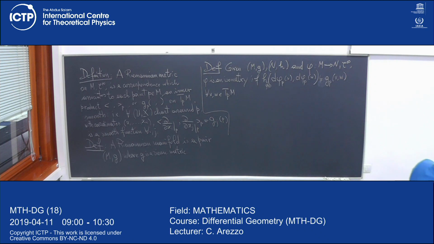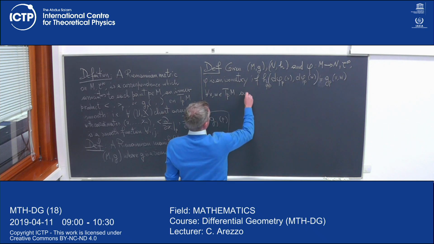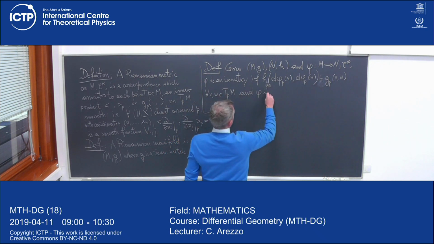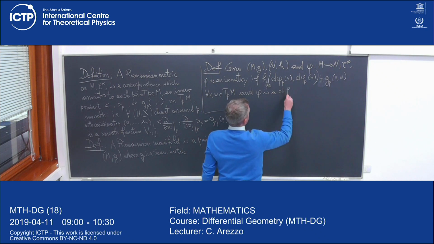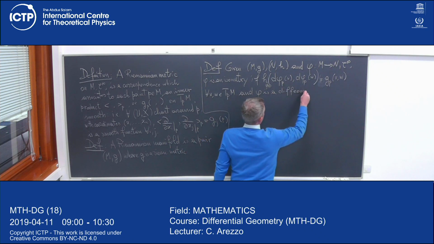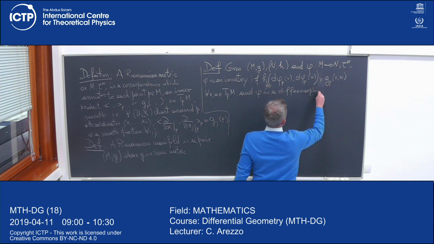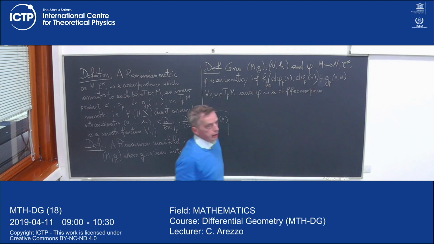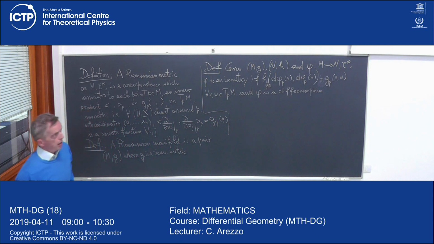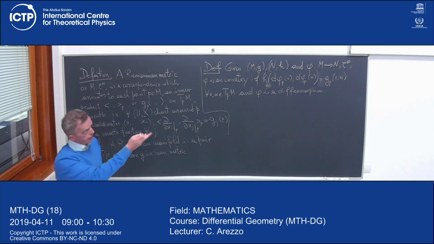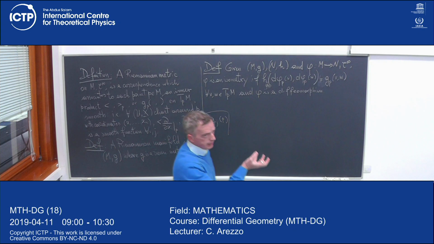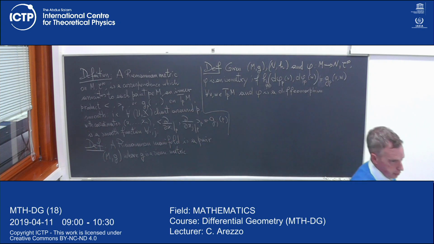Okay, but how to add the word local, actually, out of this, you don't get automatically the diffeomorphisms, and so let's add it, and phi is a diffeomorphism. Okay? If you drop this global condition and you require this property to hold only on an open set, you will call it a local isometry on this open set.